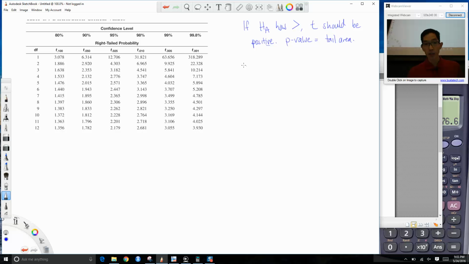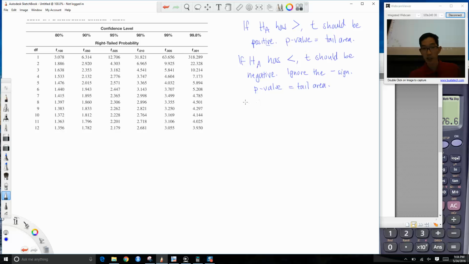If the alternative has a less than sign, the t should be negative. Then you would ignore the negative sign and just look up the positive value in the table, because the table only has positive values. So ignore the minus sign, and then your p-value is equal to the tail area.